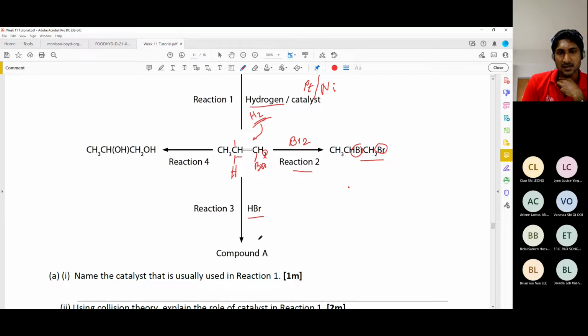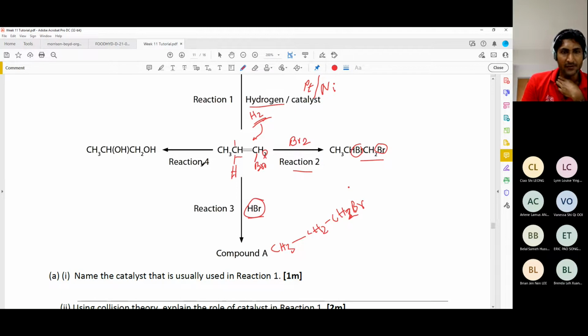So this is the compound that will be produced, CH3CH2CH2Br. Sorry, CH2Br. So this is the compound that will be produced if I add hydrogen bromide. So one hydrogen, one bromine is going.